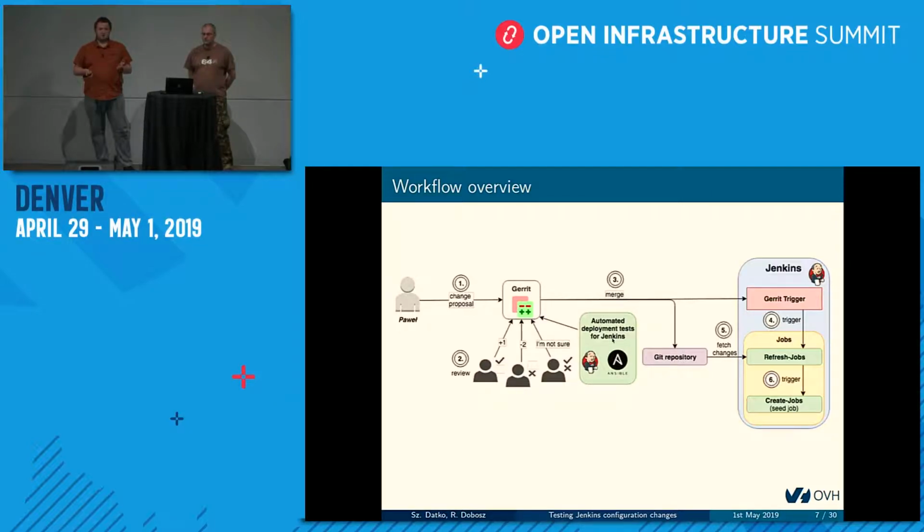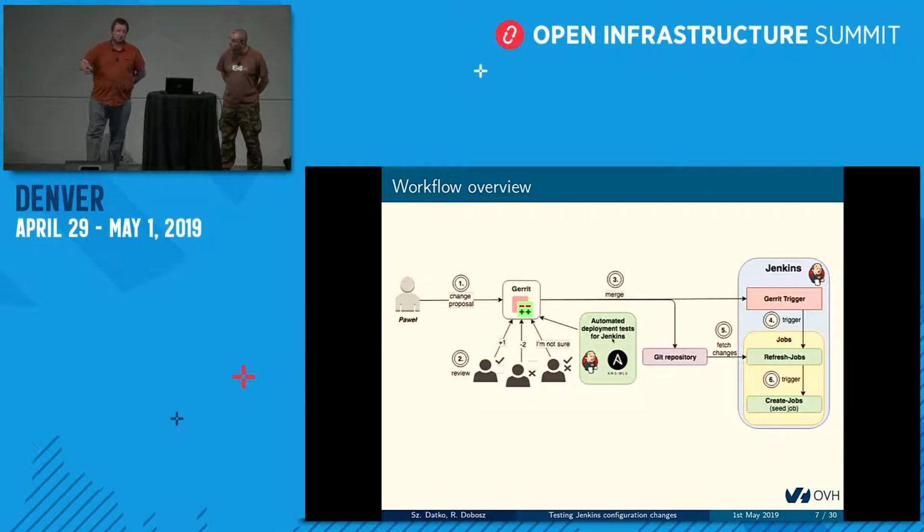So let's imagine a scenario where someone wants to, for example, adjust the size of the build queue in Jenkins. What needs to be done is to fetch the source code repository, do the change, adjust something, and then push the change for review, just like you do for code.